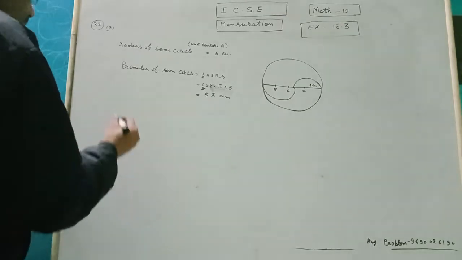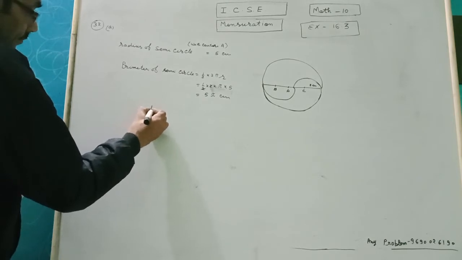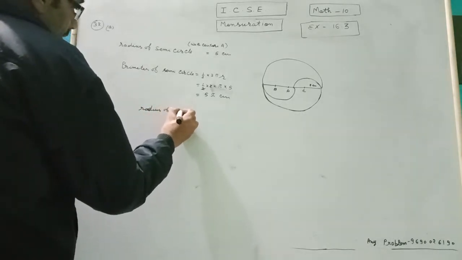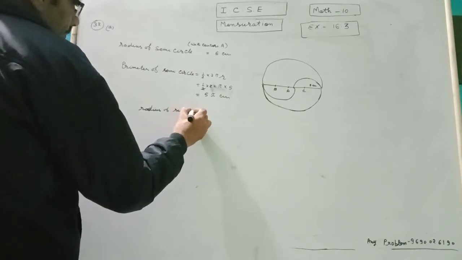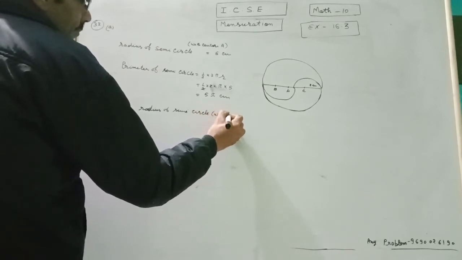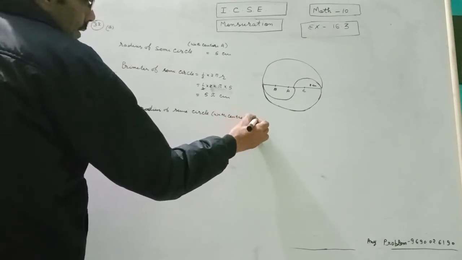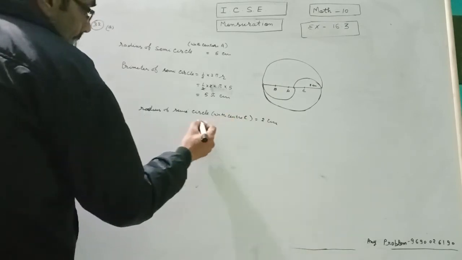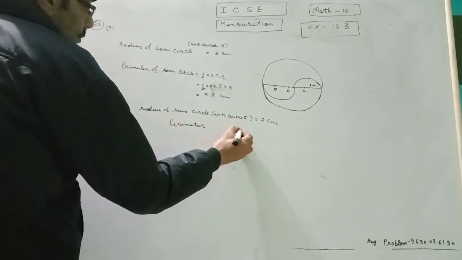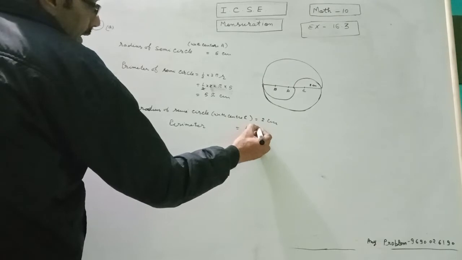That is the perimeter. And the radius of the semicircle with center C is equal to 2 cm. Perimeter is equal to 1 by 2 pi r.